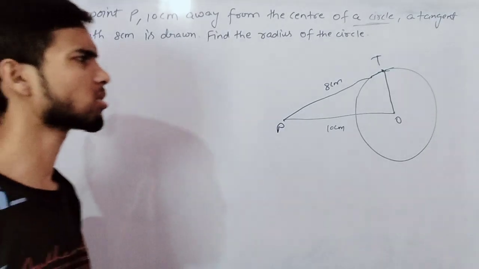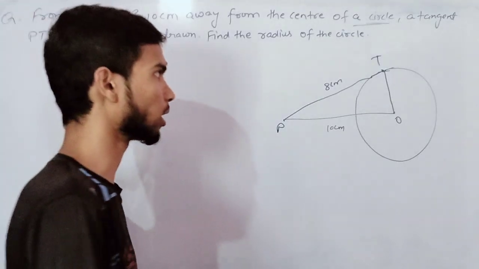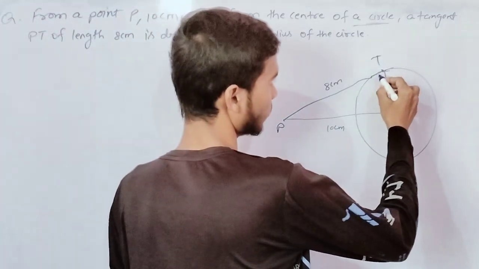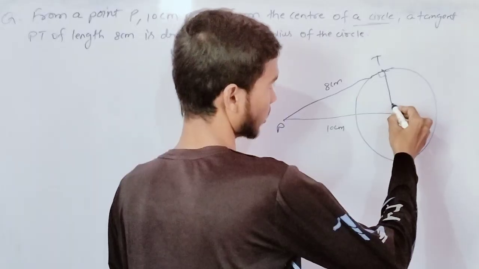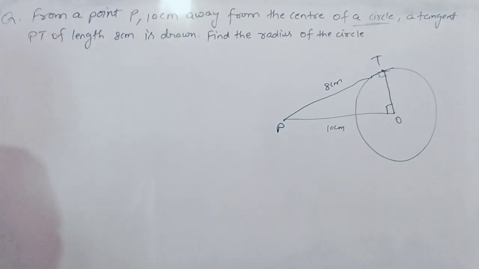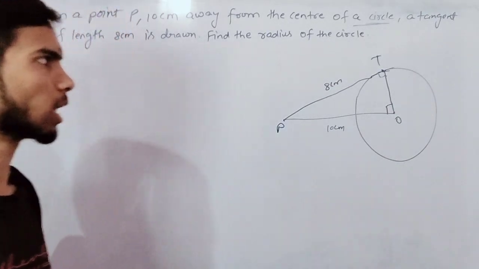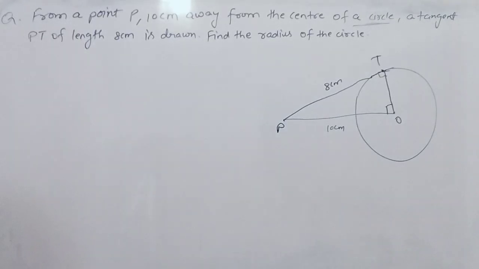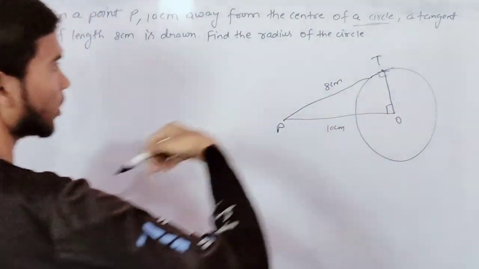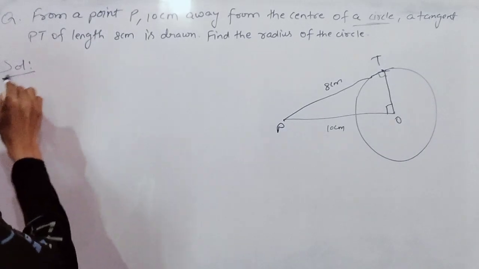We will apply Pythagoras theorem because we have a right triangle. Pythagoras theorem is used for a right triangle. So to find OT, we will have to use Pythagoras theorem. Okay, let's solve.